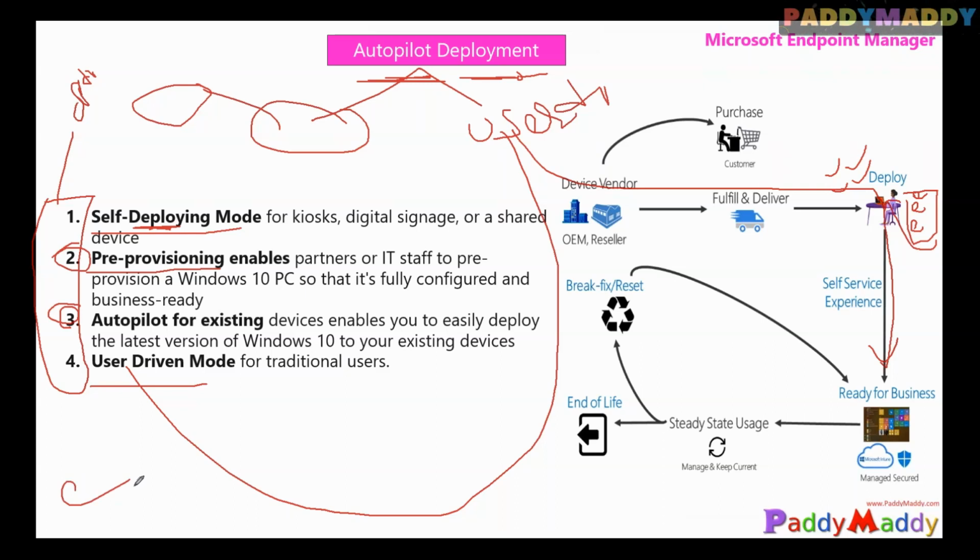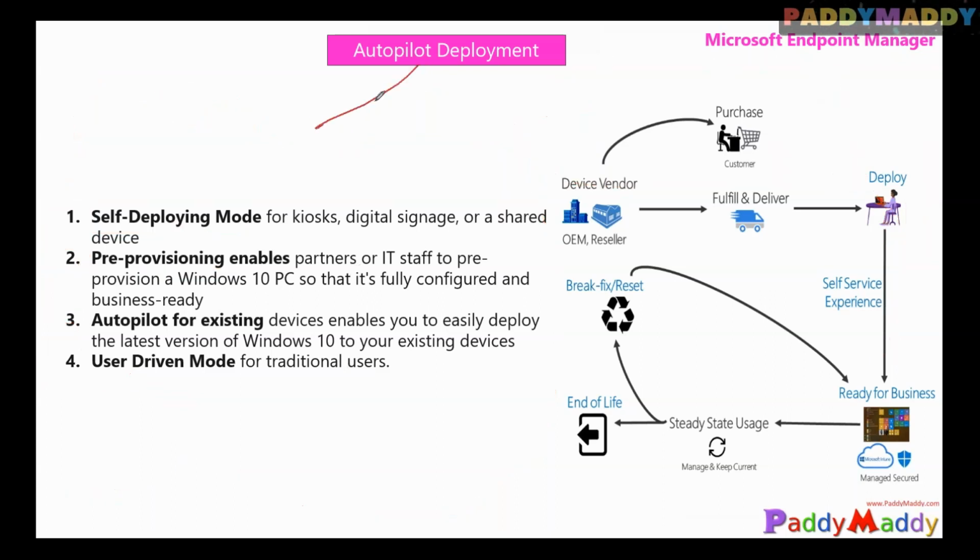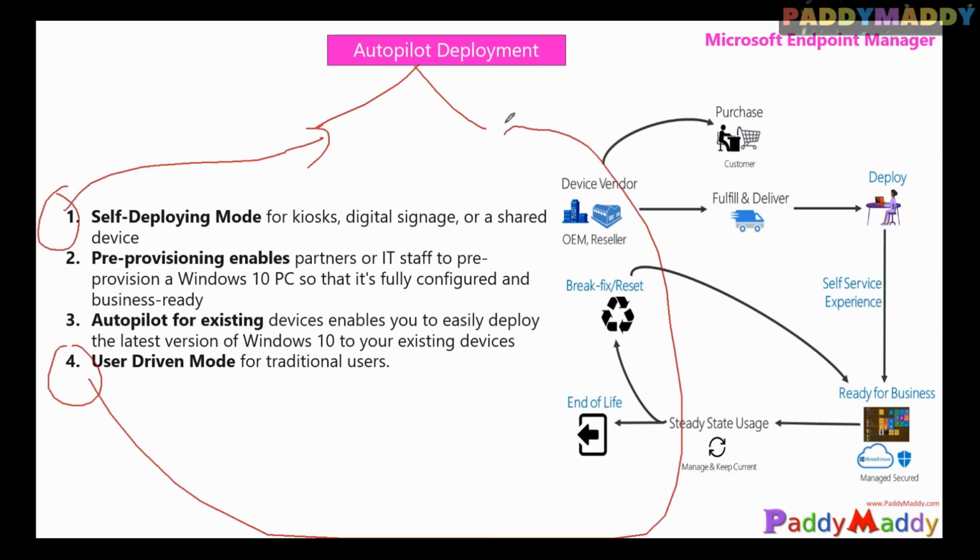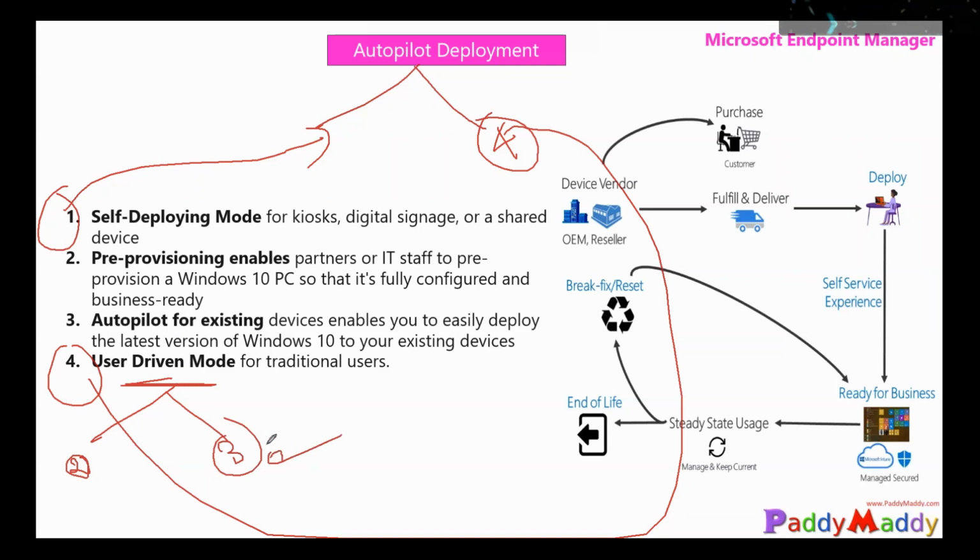I just wanted to explain a few options within this slide. We have Autopilot with self-deploying mode and user-driven mode, and if you expand the user-driven mode, you have options called pre-provisioning and Autopilot for existing devices.